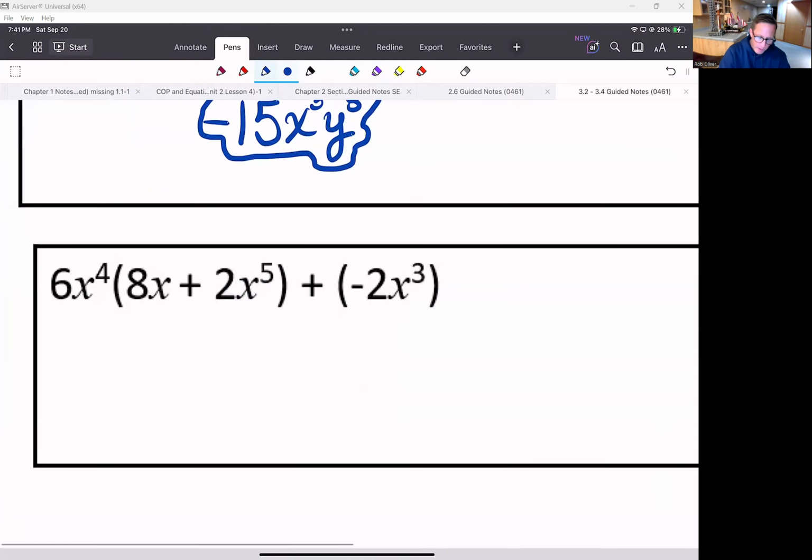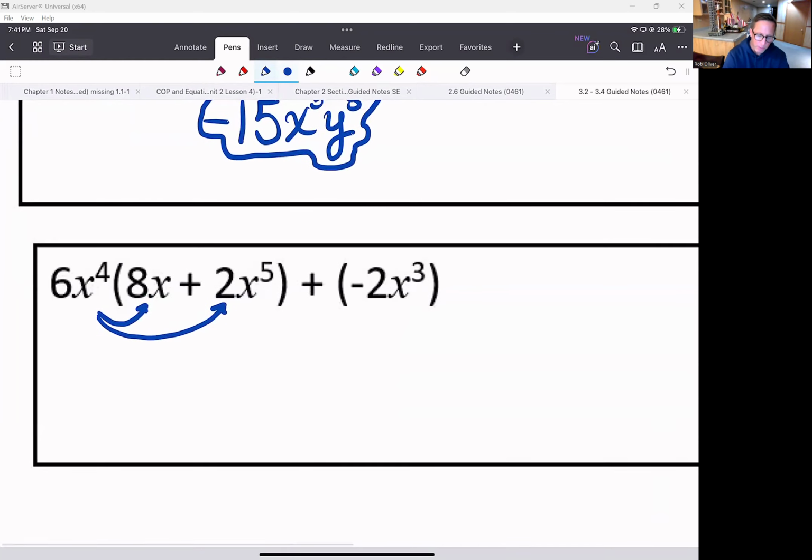Okay. Now this one we better distribute the 6x to the 4th into this expression. So when we do that, we're just going to do 6 times 8, which is 48. All right, so you got 48. And then x, now this is x to the 1st. So when we deal with these x's, x to the 4th, x to the 1st, that makes x to the 5th. Okay?